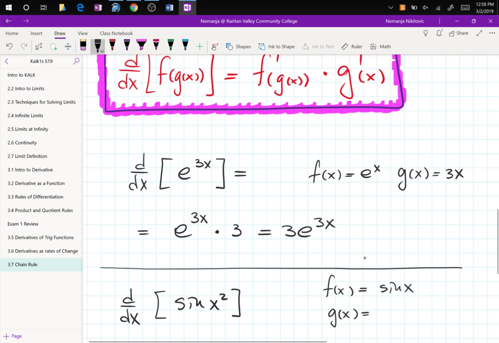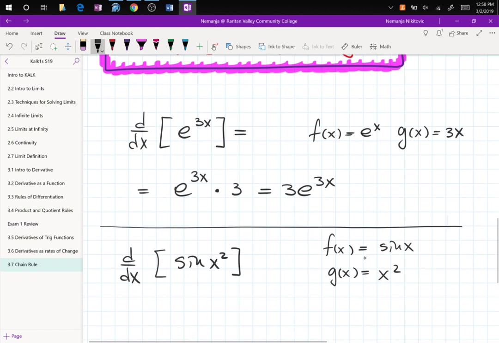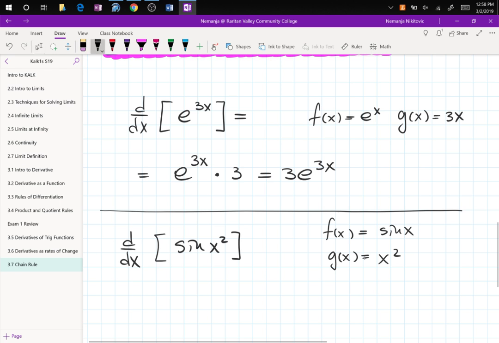You have to say it louder because of the air conditioning. I can't hear. X squared. Good. What's the derivative of sine? Cosine. So cosine x squared times the derivative of g of x, which is 2x, for a total of 2x cosine x squared.